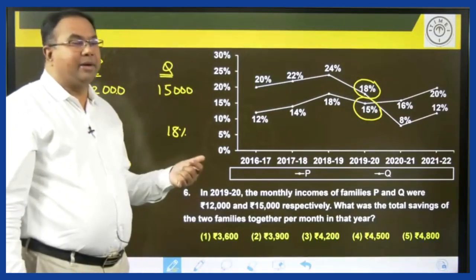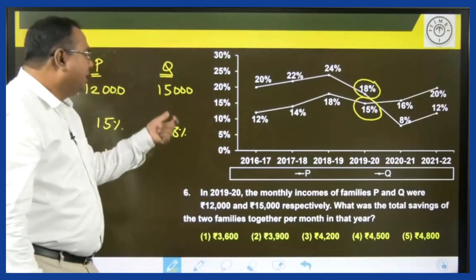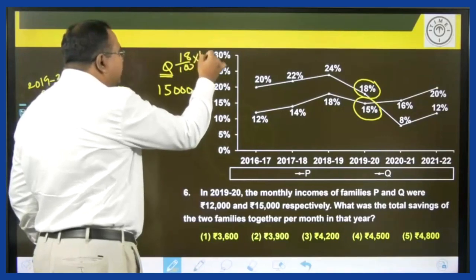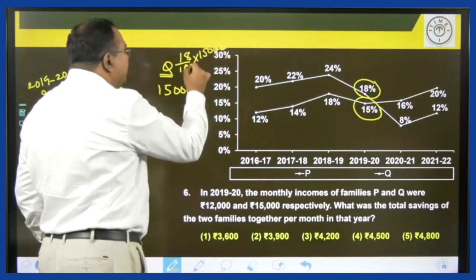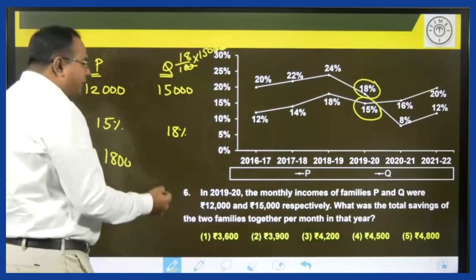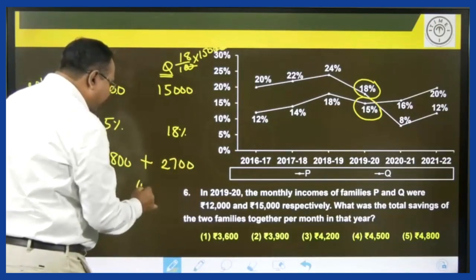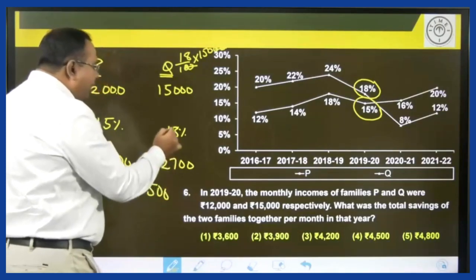18%, how do you calculate it? You write this as 18 by 100 into 15,000. Obviously, you can do it this way because the numbers are simple. So 18 into 15 is 270, so 2700. Add these two, it must be equal to 4500. Or how do you get 18%?